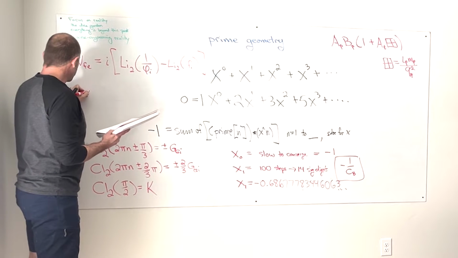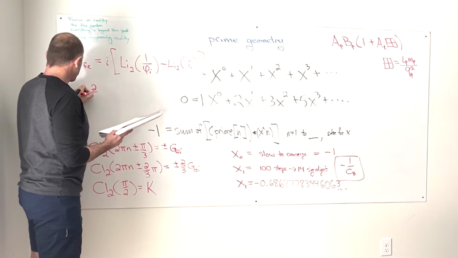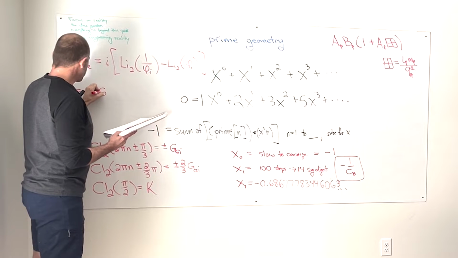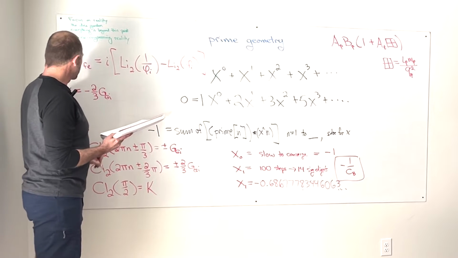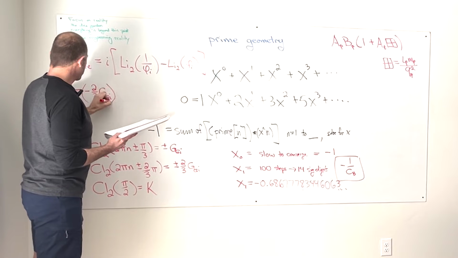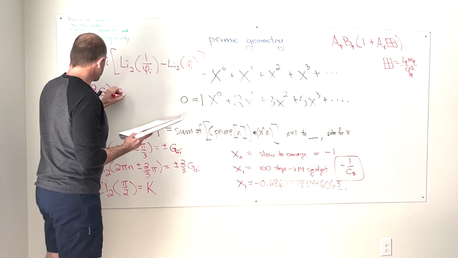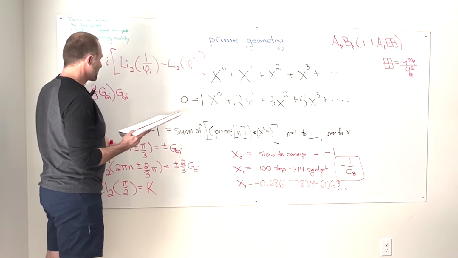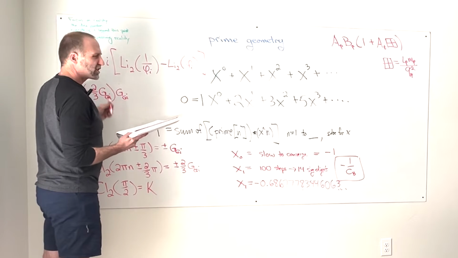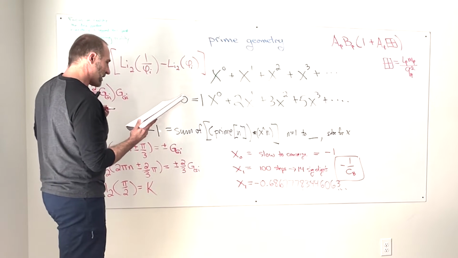Negative 2/3 times the Gießking constant, multiplied by the Gießking constant, or I could just square it, but let's leave it at that for now.